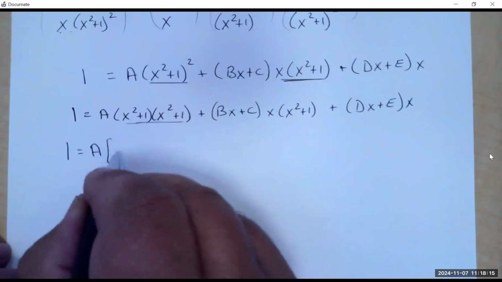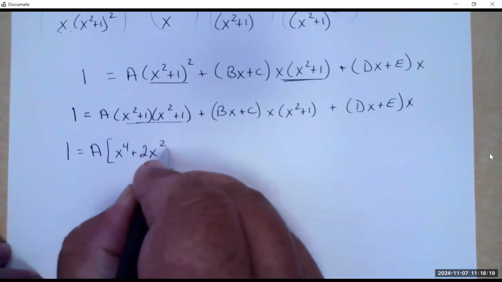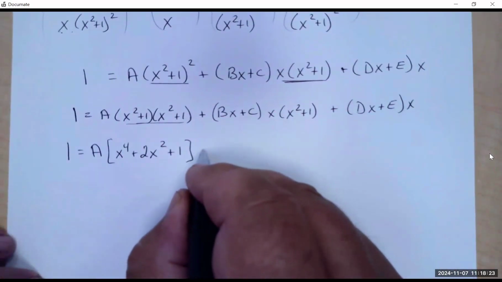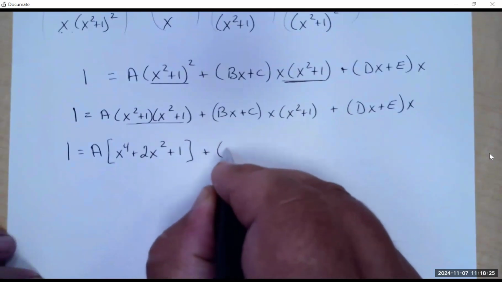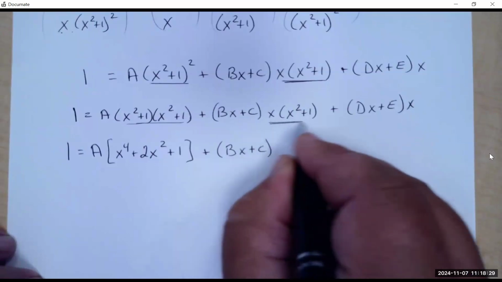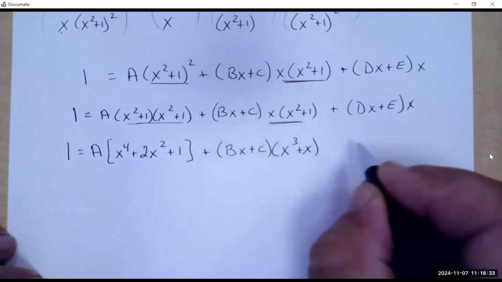Multiply these two together, we get x to the 4th plus 2x squared plus 1. Multiply these two together, we get x cubed plus x.